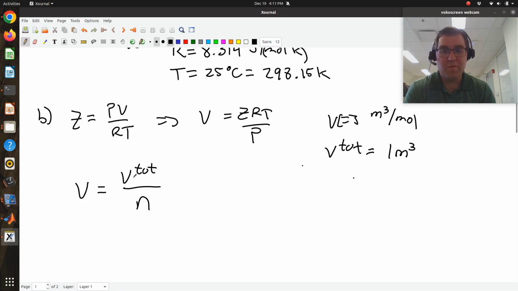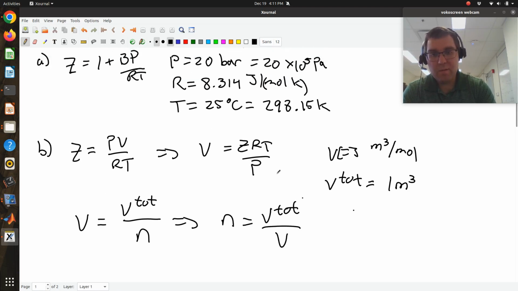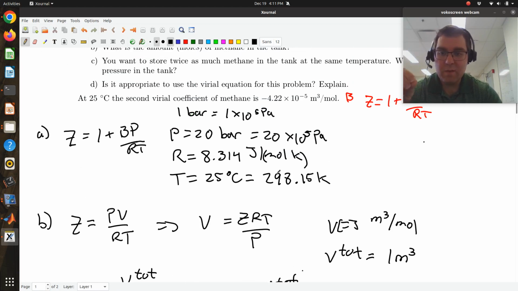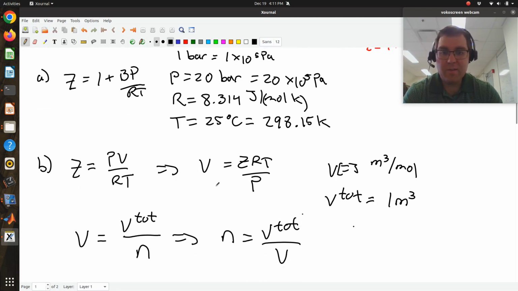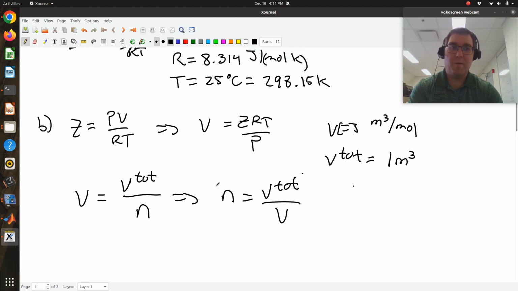So V, the molar volume, is nothing more than the total volume divided by N. If I solve for N, N is equal to V total divided by V, where V I just computed up here, based on my value of Z. So let's jump over to MATLAB and get numerical values for part A and part B.